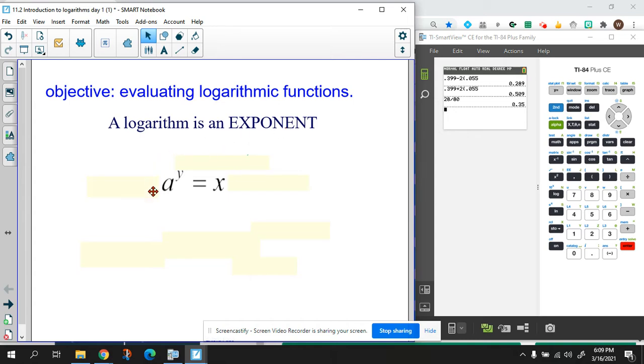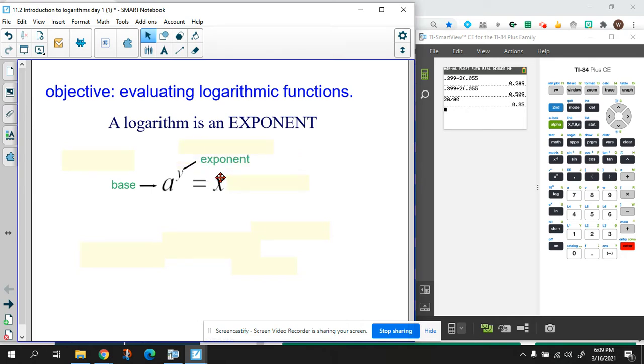Let's review the pieces of what we already know in exponent world. If you have a number raised up to a power equal something else, like 5 squared equals 25, this thing has an actual name. We call that the base. And then the little number up to the right, we've always called the exponent or power.